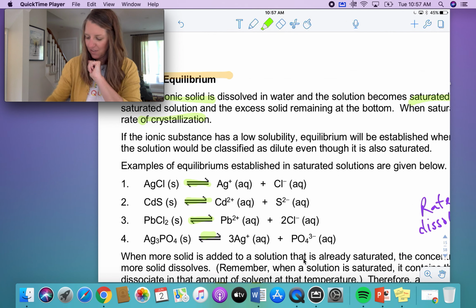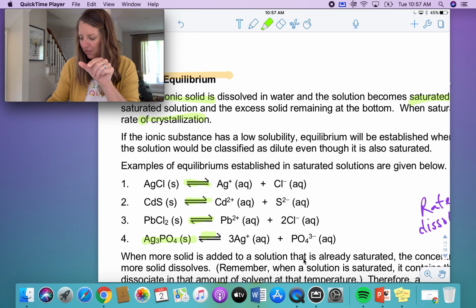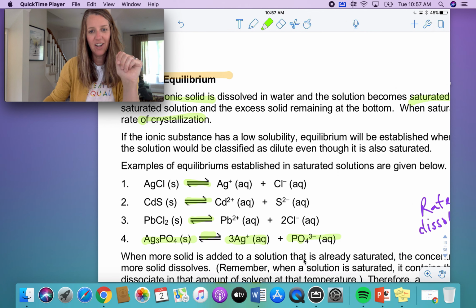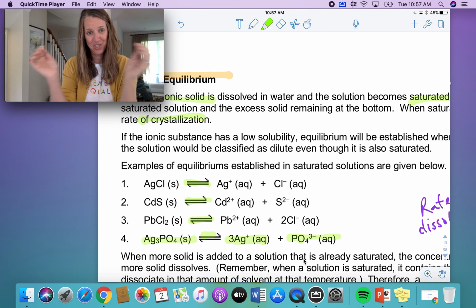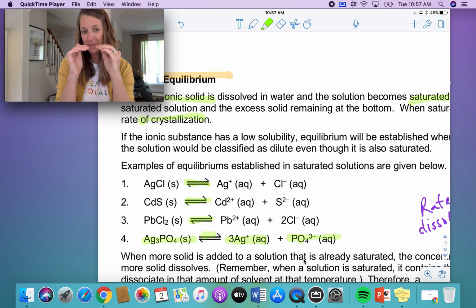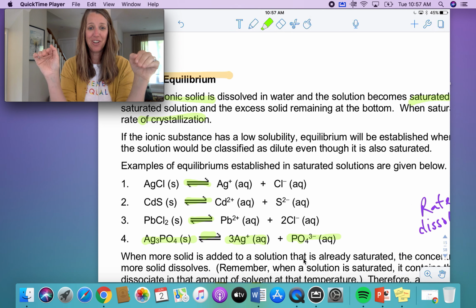Recognize the fact, like for this one down here, it's silver phosphate, and for every 1 particle of silver phosphate, you would get 3 ions of silver for every 1 ion of phosphate. And you're thinking ahead that you're going to calculate K, which means it's going to be the concentration of your products over the concentration of your reactants.